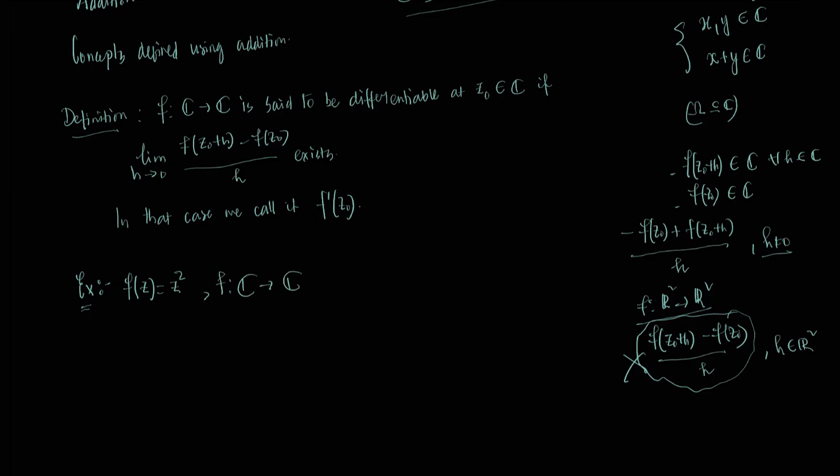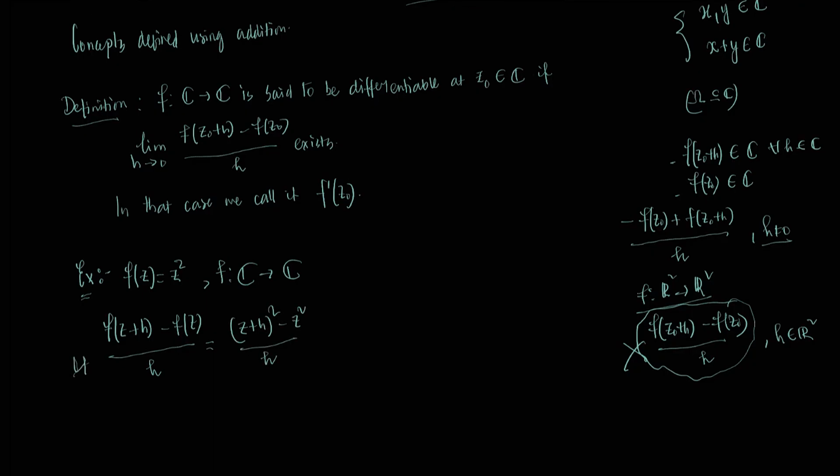Okay, so how do we look at this thing? I want to talk about the derivative of it. So let's say f of z plus h minus f of z by h. We want to look at this particular thing. That is nothing but z plus h square minus z square by h.